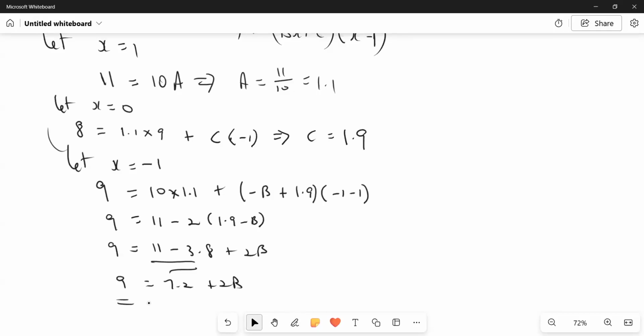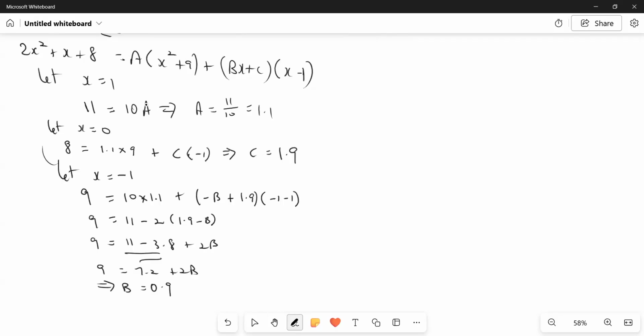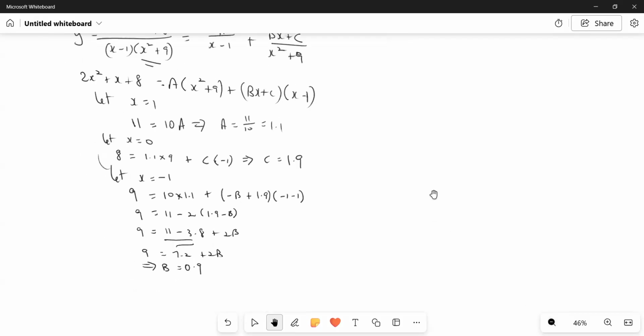So all of this will imply that what? B equals what? So 9 minus 7.2 divided by 2, B equals 0.9. So we got A, B, and C there, all right? Yes. We got A, B, and C. So let's see if we can. So, good.